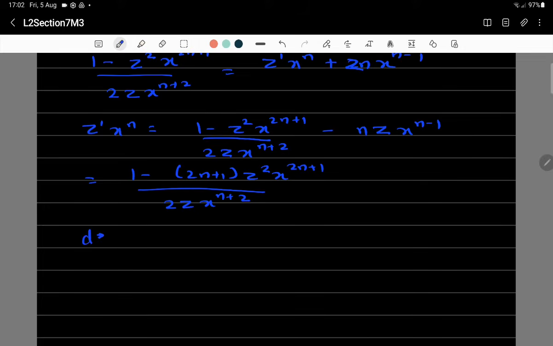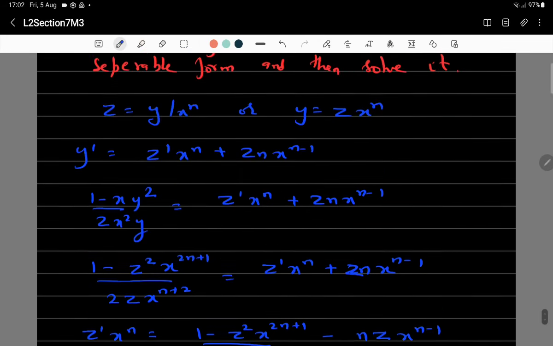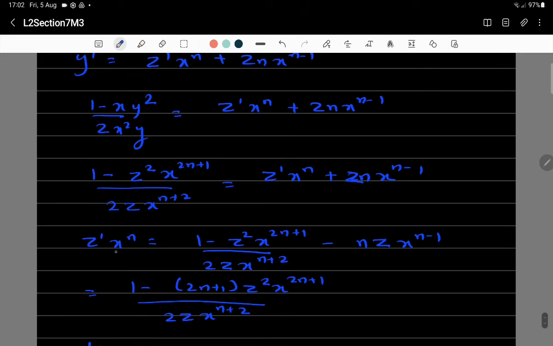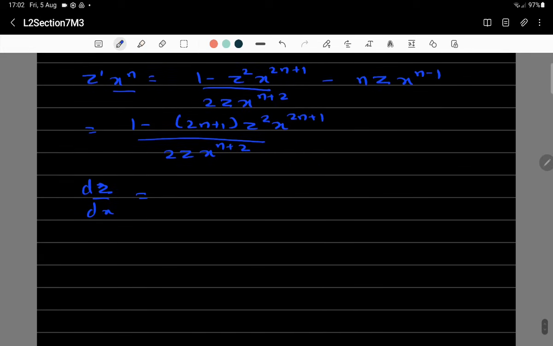So dz by dx was multiplied by x raised to the power n here, so I can take x raised to the power minus n on that side, because of which this becomes (1 minus (2n plus 1) z square x raised to the power 2n plus 1), and the denominator becomes 2z x raised to the power 2n plus 2.